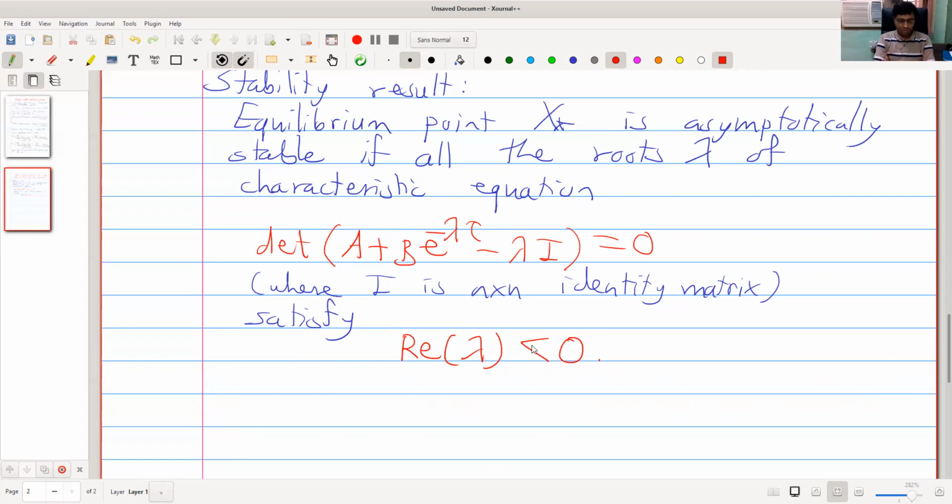So we take this condition, which is the basic thing for stability, and we have one more result called the geometric approach. It is also not applicable in general, but many cases can be handled using this geometric approach. So let us discuss this geometric approach to study the stability.